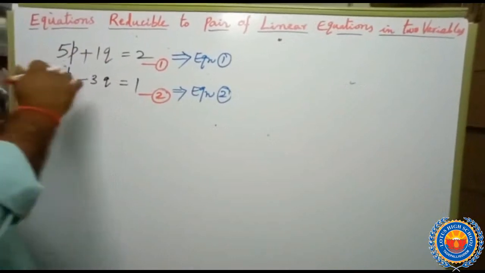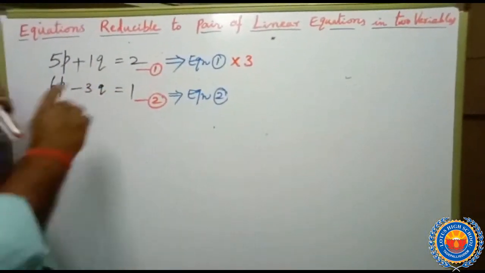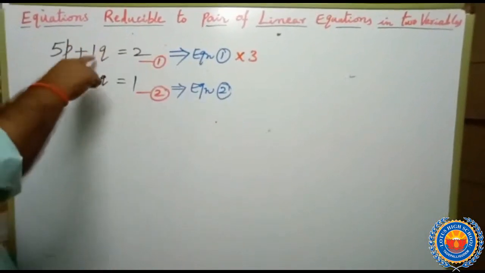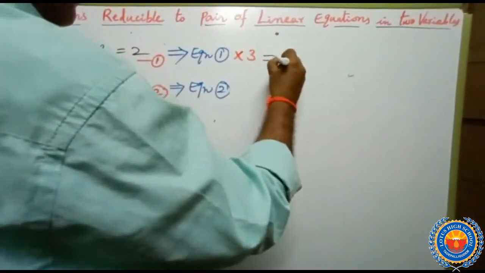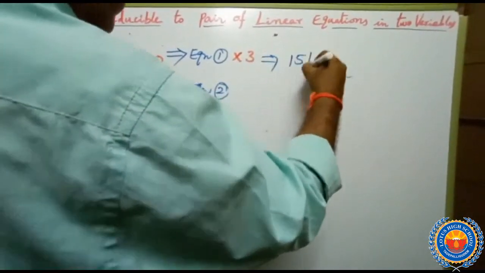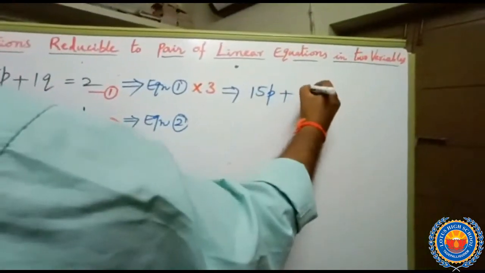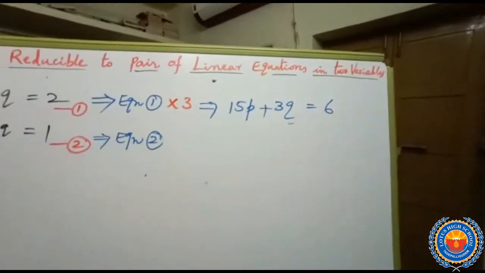That's why I am multiplying equation 1 into 3. 5 into 3 is 15, 3q, 6. So 15p plus 3q is equal to 6.